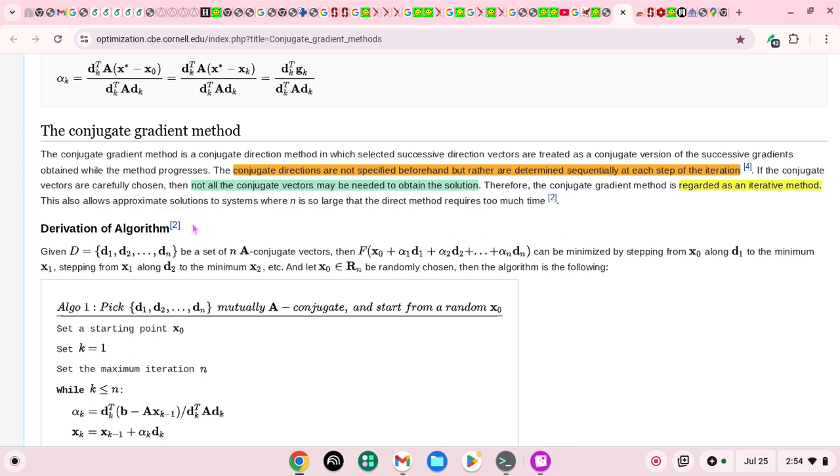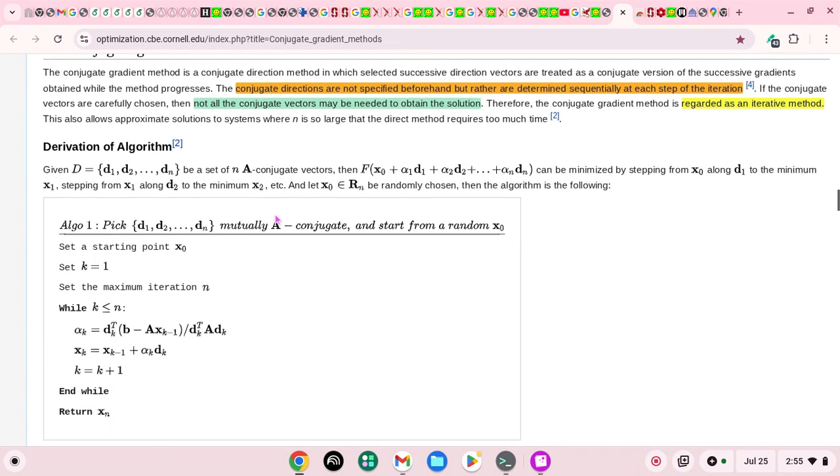How to overcome this is termed the conjugate gradient method. The conjugate gradient method says that it's an iterative method, and not all conjugate directions are needed at a single moment; they can be computed sequentially, step by step, at each iteration.